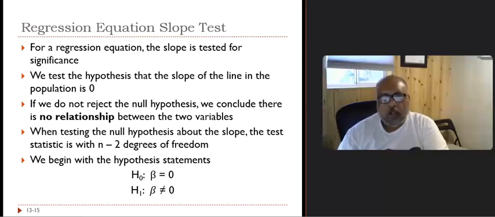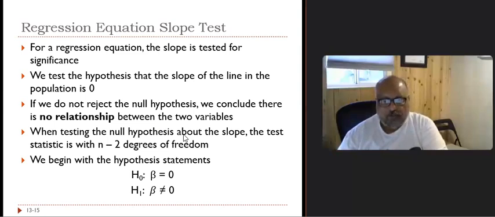In this kind of scenario, this is a one-tailed test. If we do not reject the null hypothesis, we conclude that the slope of the regression line could be zero. We can use Excel to determine this, but before we do that, let's first look at how we do this.